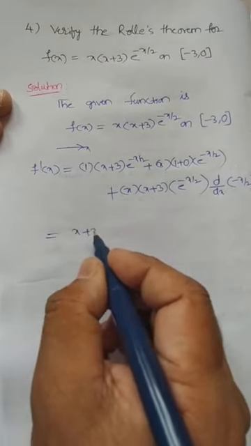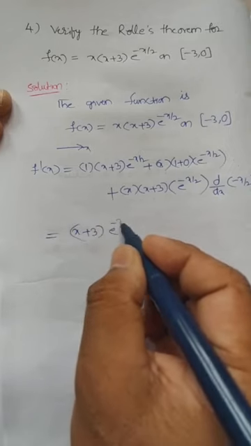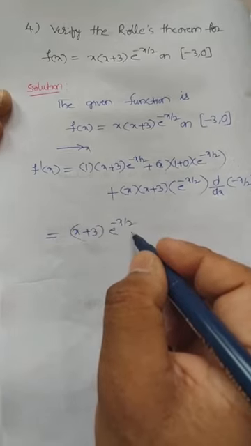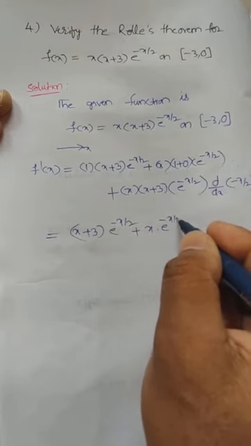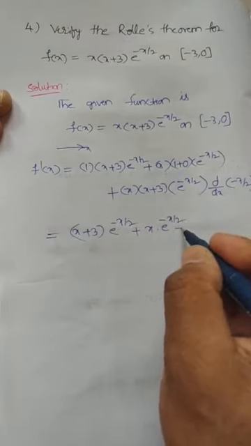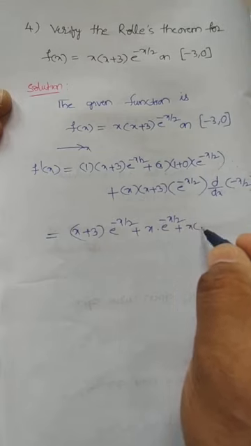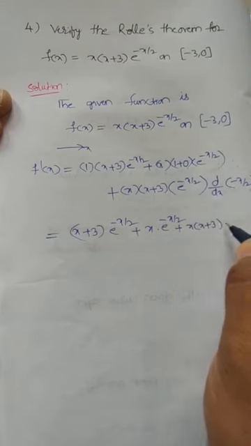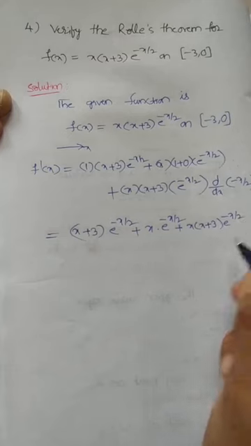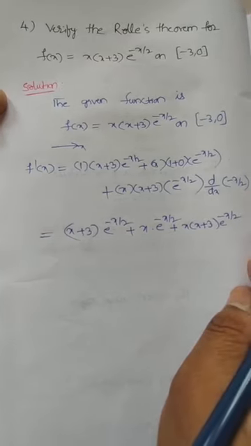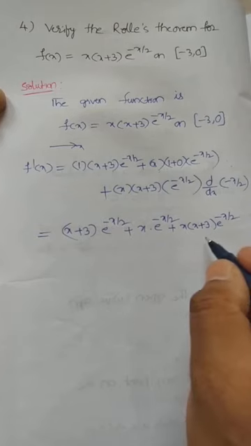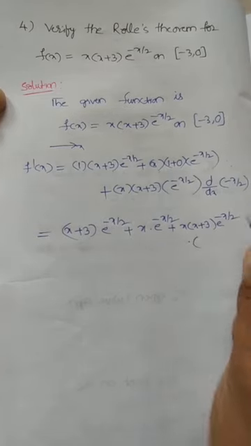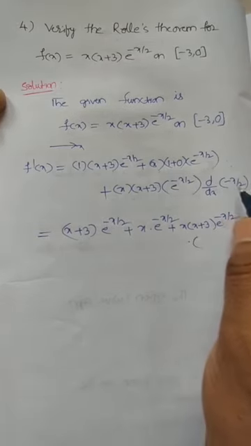x plus 3 into e power minus x by 2, plus x into e power minus x by 2, plus x into x plus 3 into e power minus x by 2 again, into, here I am writing, derivative of this minus x by 2.